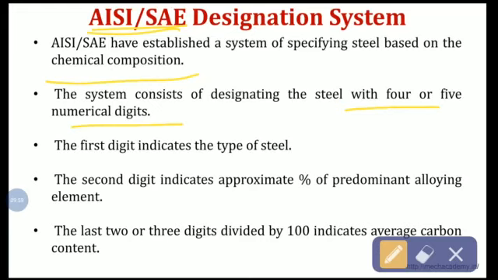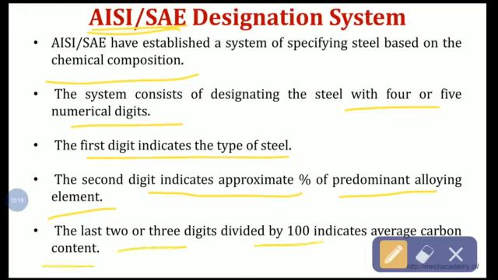The first digit indicates the type of steel. The second digit indicates approximate percentage of predominant alloying element, which is maximum. And last 2 or 3 digits divided by 100 indicate average carbon content.